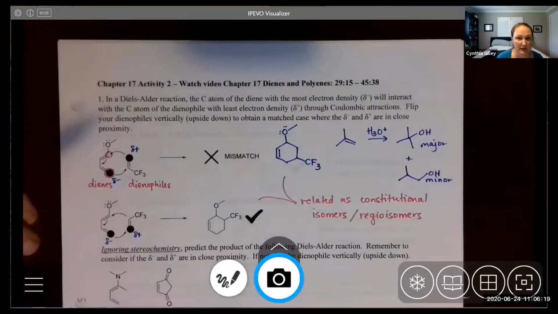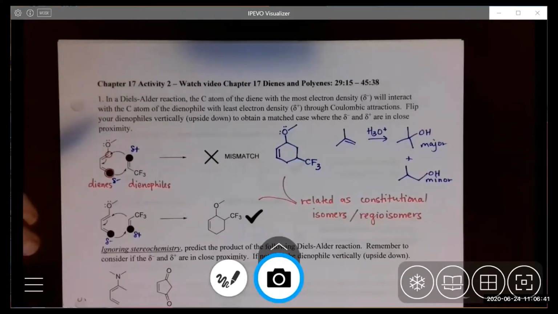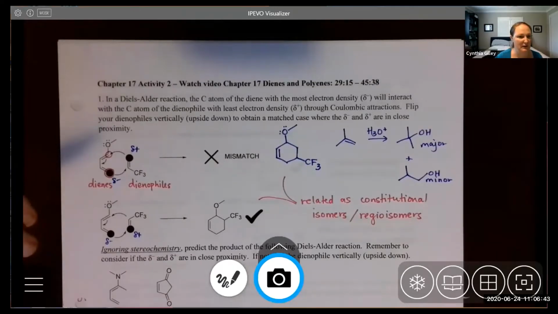Now it's open. Okay, hold on. Are you guys seeing the Diels-Alder handout or no? I'm not seeing that. Yeah. You are seeing it? Okay, I guess I found it out.